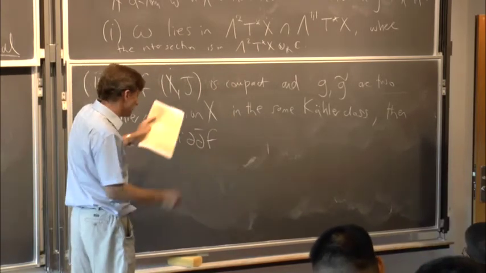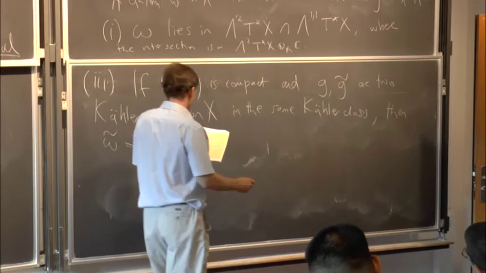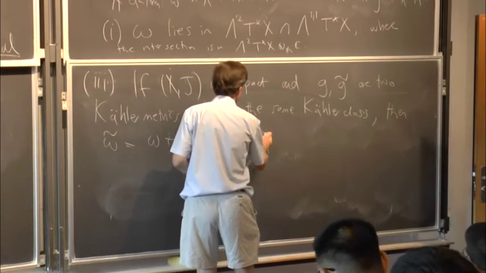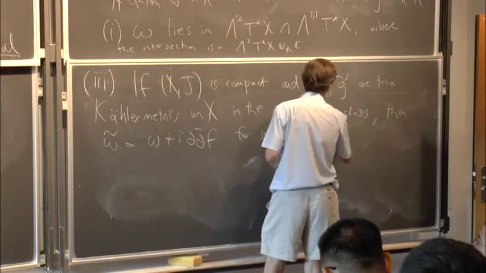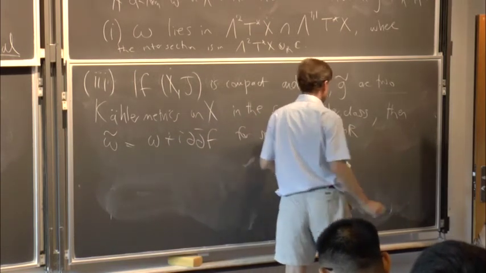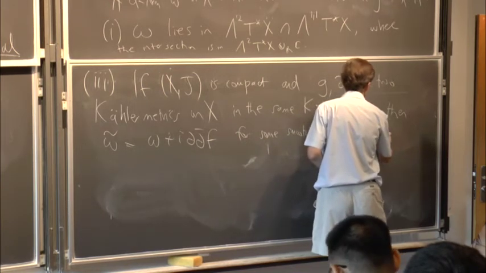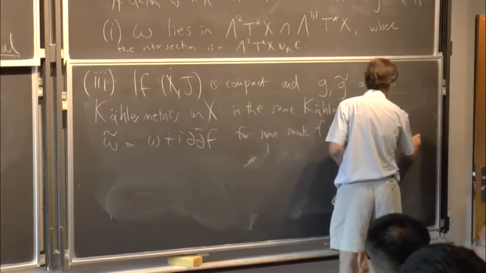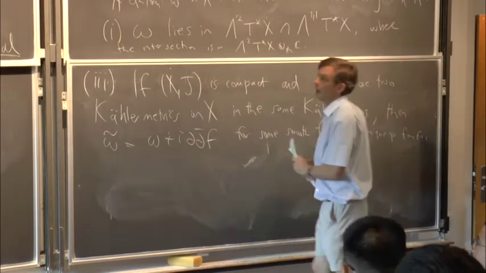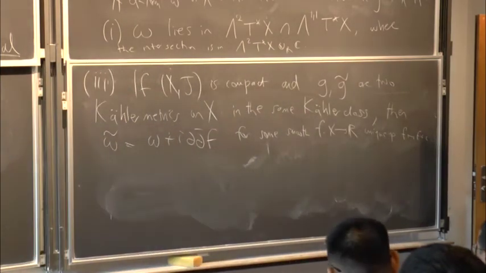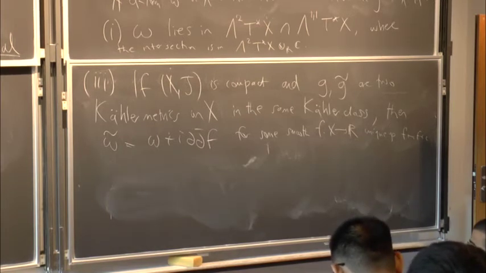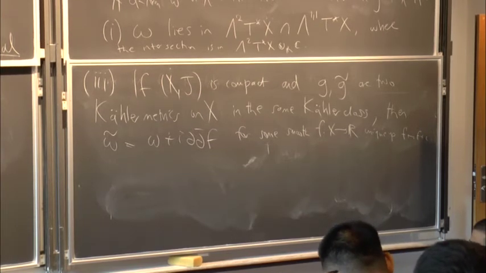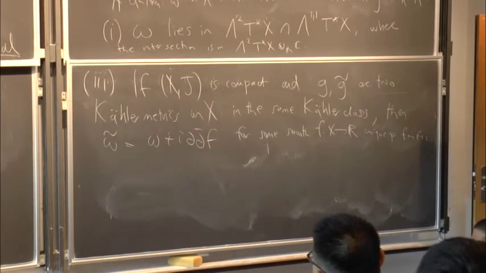So omega-tilde and omega are the Kähler forms of those metrics, for some smooth f from X to R, unique up to addition of constants, f maps to f plus c. So that came from applying the second part, B, the global ∂∂-bar lemma, to omega-tilde minus omega, which has de Rham cohomology class 0 because omega-tilde and omega are cohomologous.